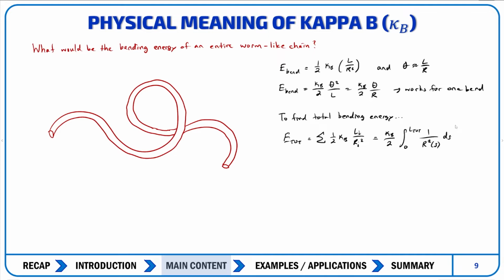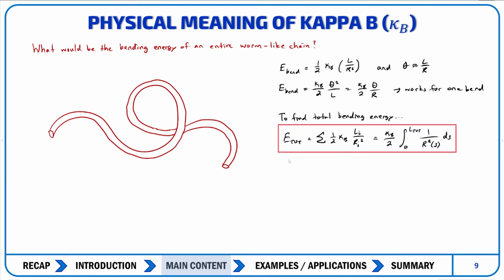So let me just highlight this. Okay, so that gives us our total bending energy. Now we want to be able to figure out how to model this graphically.